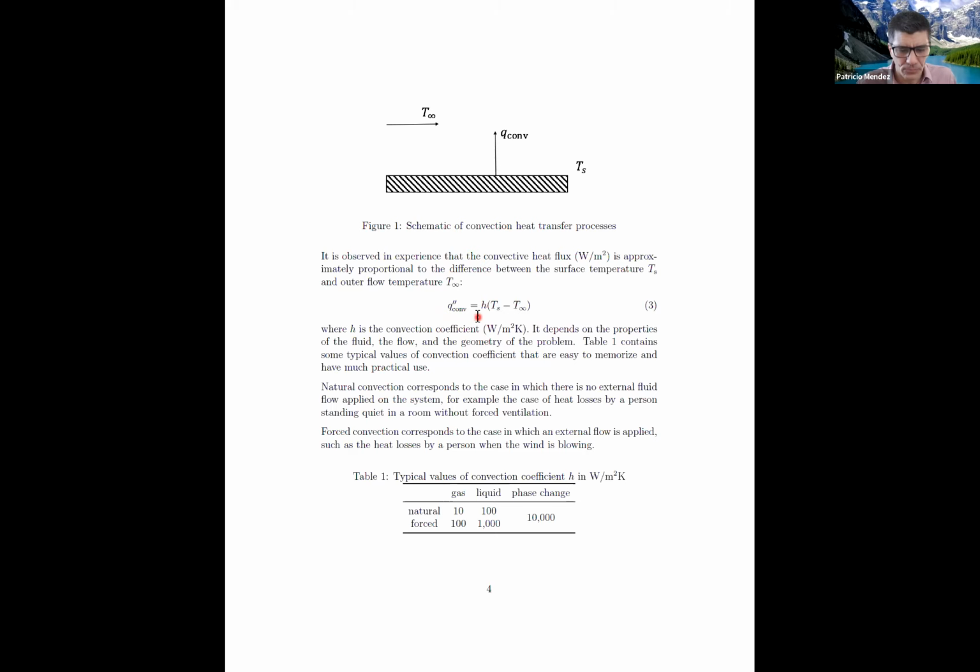The heat flux due to convection is proportional to the difference between the surface temperature and the temperature of the fluid far from the surface.